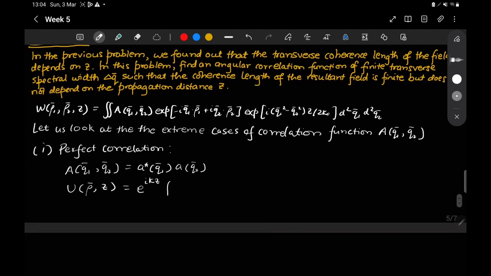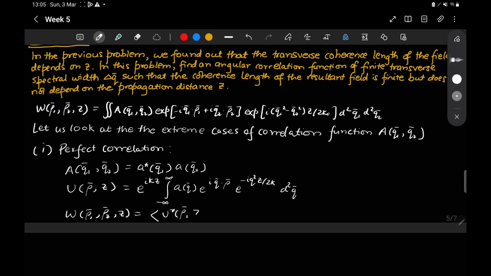And the field is given as follows. And so finally the cross-spectral density can also be written as follows, as the correlation between u star(rho1, z) and u(rho2, z).